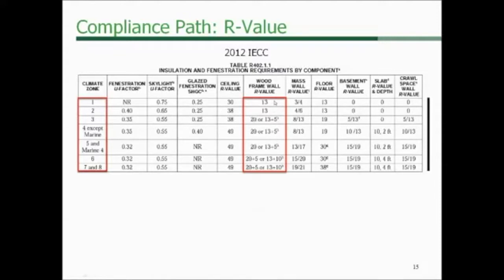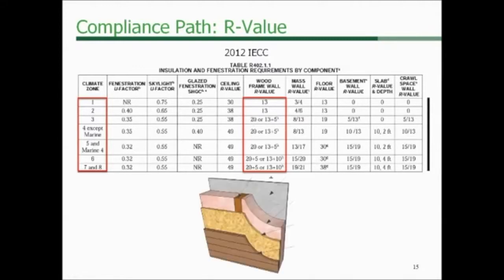Now you'll notice that it doesn't actually say whether you need a 2x4 or 2x6 on there. It's just kind of assumed information that you're not going to try to put R20 into a 2x4. Okay.